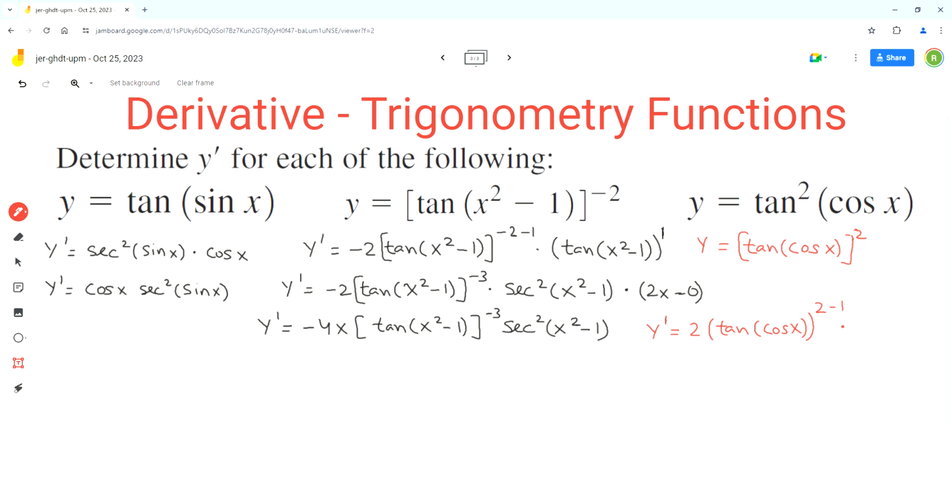Now since the inner function is a composite function, we'll find the derivative in the next step by using the chain rule again. So we'll just show in this step as... now in the next step we can use chain rule again. So in the first part, we can subtract the exponent. So 2 minus 1 is 1 and we don't write 1 as an exponent.